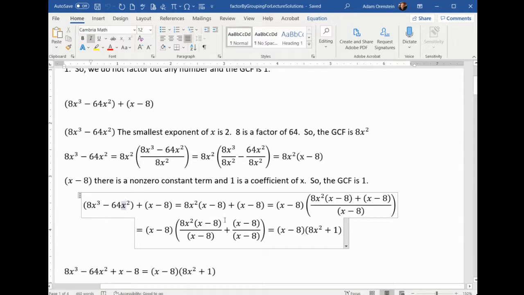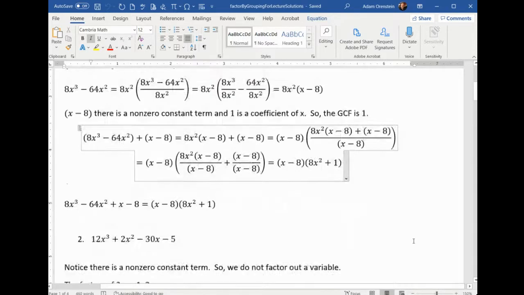And of course, you divide into each term. And when you divide into each term, the x minus 8s here are going to cancel. You're left with 8x squared. And when you have something divided by itself, you have a 1. So we get x minus 8 times 8x squared plus 1.